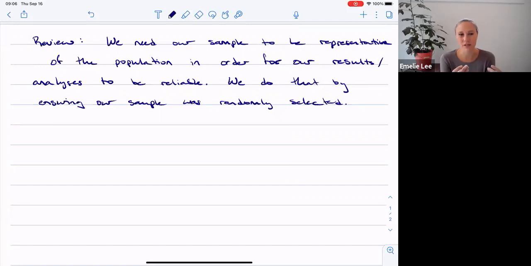And we talked about other stuff too. The main thing about experiments that we ended on was an experiment is the only way that we can establish a causal relationship. So being able to say that A causes a change in B, right, where A is something and B is another variable, right? The only way to be able to say that is to conduct an experiment. But not only that, conduct an experiment where you control every factor that might affect the response variable.